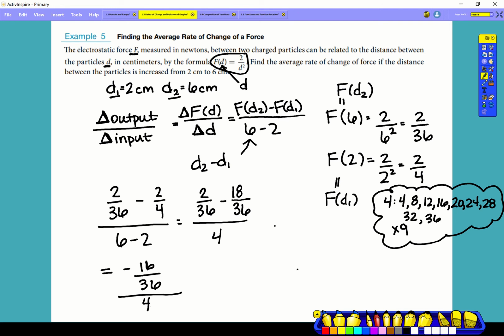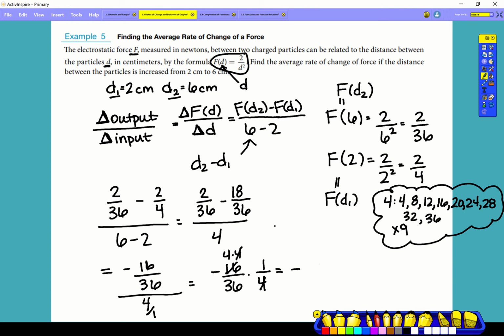So now what am I going to do about this 4 in the bottom? Well, it essentially is a fraction, of course. So negative 16 divided by 36 times 1/4. And I know this is 4 times 4. If this is boring, I know it's tedious, but I'm trying to show every step here because somebody might not understand where I'm getting something.